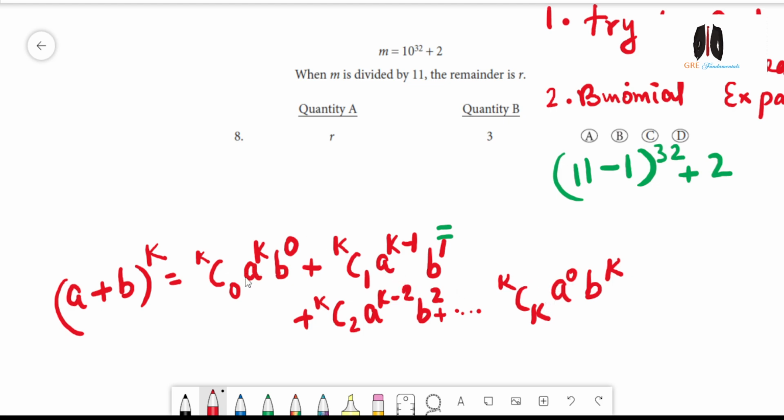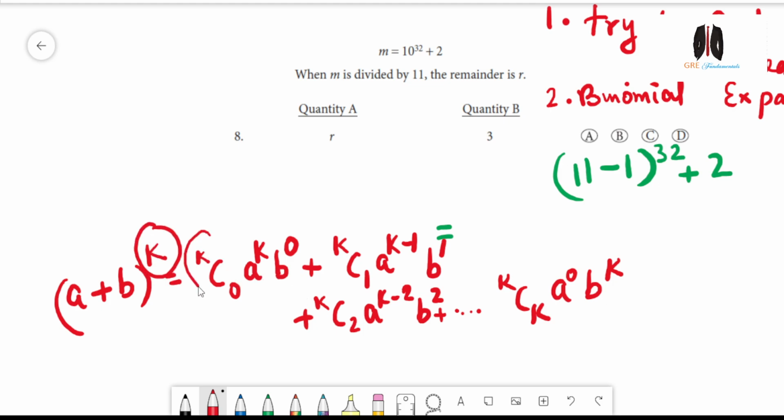How would we remember this? You can see that the sum of the exponents, here it's k plus 0, here it's k minus 1 and 1, will always come out to be the power.